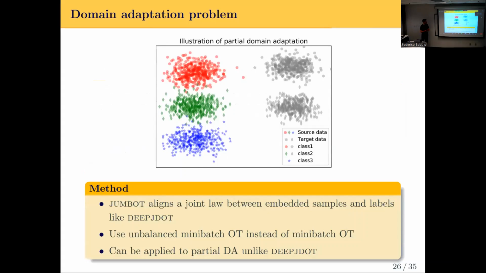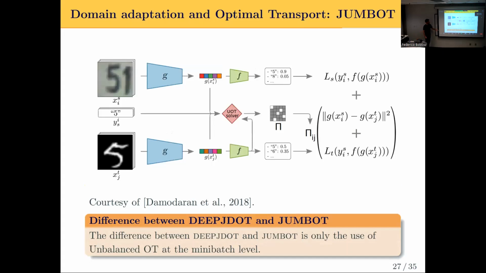So our algorithm Jumbot aligns a joint law between the embedded samples of the two distributions. And so we want to use something like DeepJDOT, and we want to use unbalanced OT in place of optimal transport at the minibatch level. And so we consider two different images of the two domains. For instance, here this is SVHN and here this is MNIST.